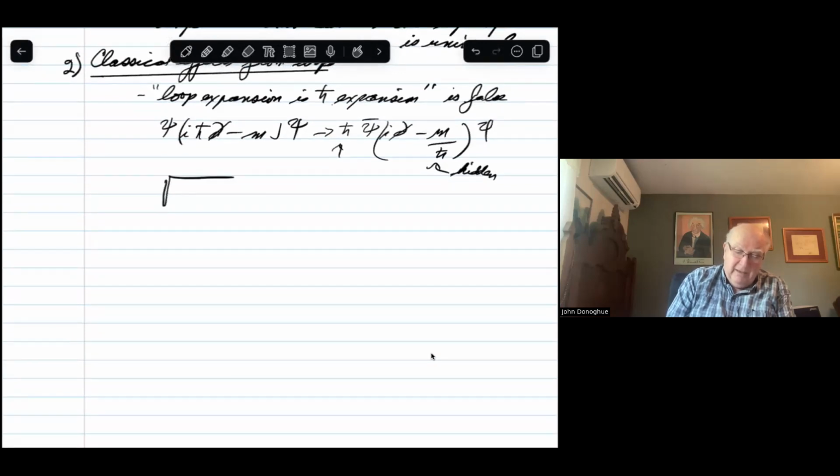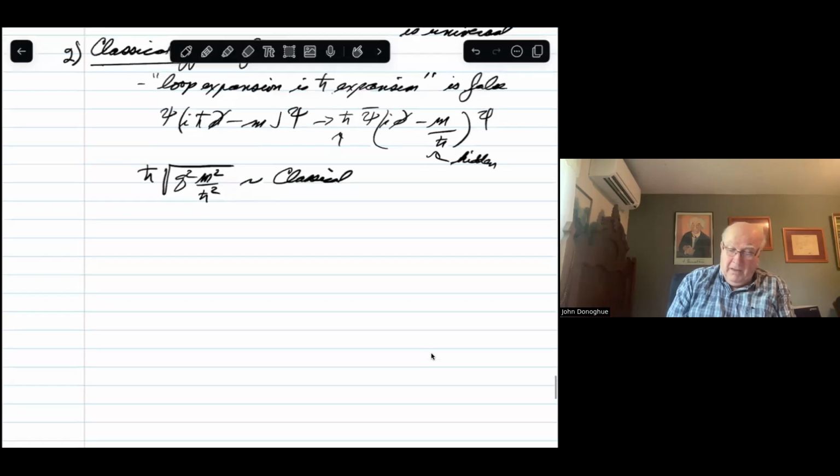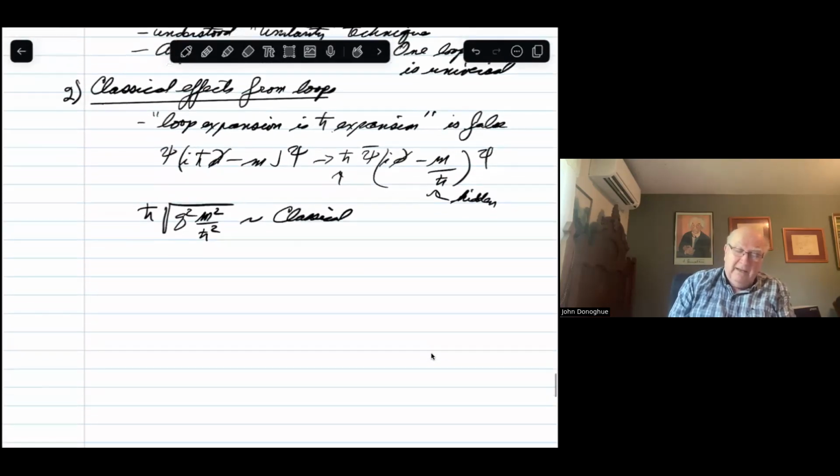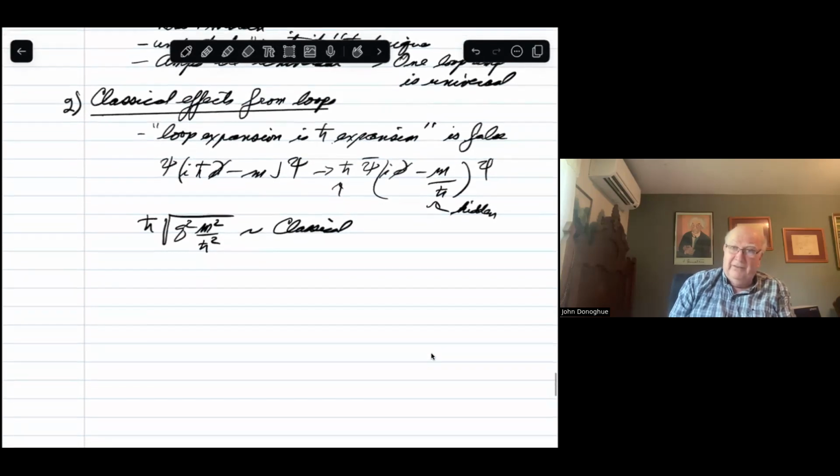The Q squared, M squared terms were the ones that gave us the classical effect. So if they really had an H bar out in front of it and put an H bar squared there, this was then classical. Okay, so you can get classical effects from loops.